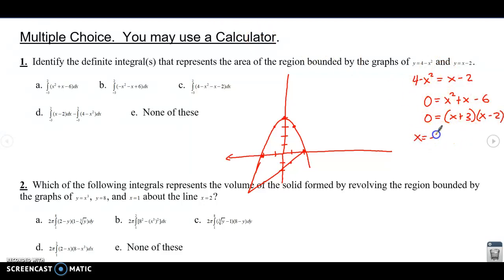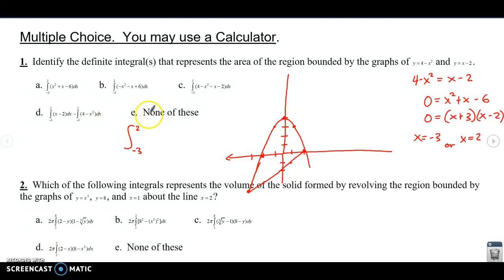Therefore, my bounds of integration are going to be from negative 3 to positive 2.